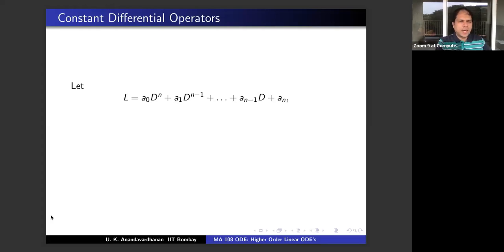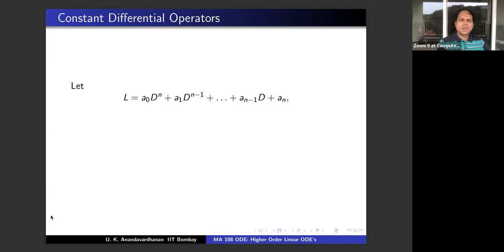If you get a characteristic polynomial here, and suppose you are able to find its roots, m1, m2, etc., then you see whether they are distinct or equal, some repeating and some not repeating. Appropriately, you multiply by x, x squared, etc., if there are repeating roots, and if a plus ib, a minus ib is coming, you write it in terms of cos and sin.